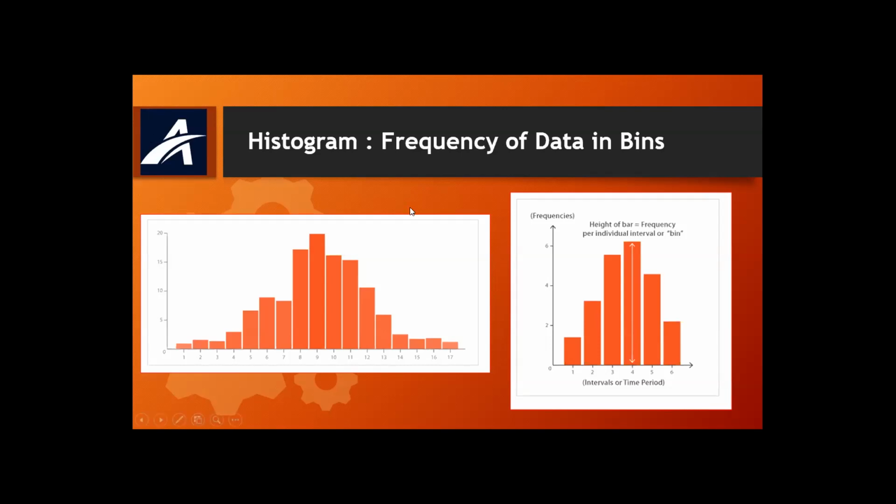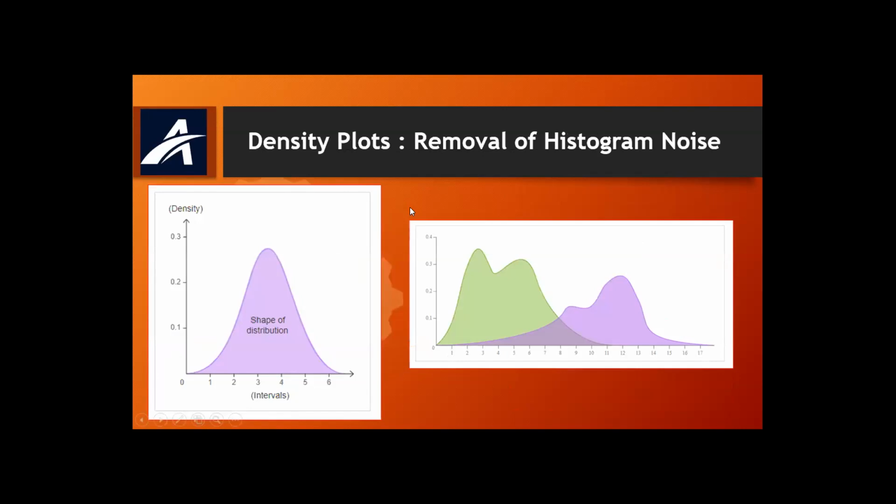Okay, back to the class. Density plots. It's more or less the same as a histogram, but with a smooth shape. A histogram has a way of including some noise. Density plots remove that noise. With time, you'll get to understand noise in the context of data.